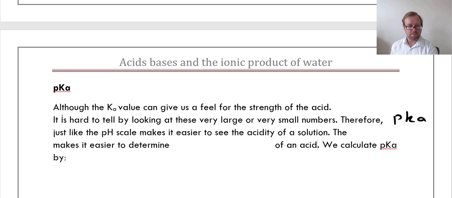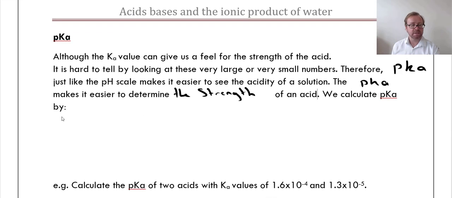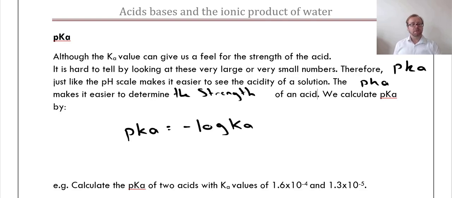The pKa makes it easier to determine the strength of an acid. Again, there's another formula that you need to know. We can calculate pKa as pKa equals minus log to the base 10 of Ka. You may recognize that it works in a very similar fashion to pH.